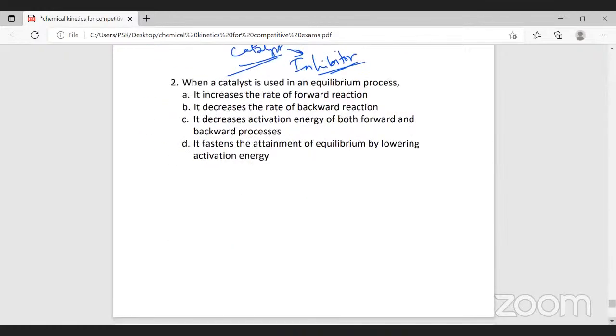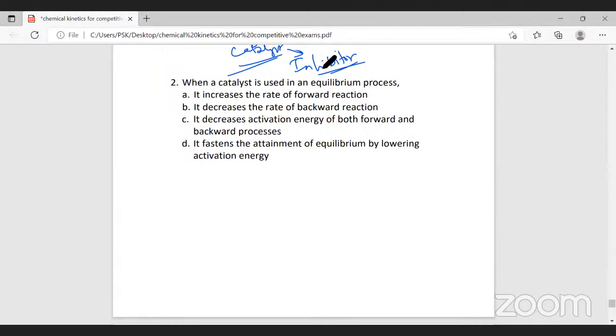The next question. When a catalyst is used in an equilibrium process, it increases the rate of forward reaction, it decreases the rate of backward reaction, it decreases activation energy for both forward and backward process, it fastens the attainment of equilibrium by lowering the activation energy. Whenever we use a catalyst in an equilibrium process, it's a reversible reaction.